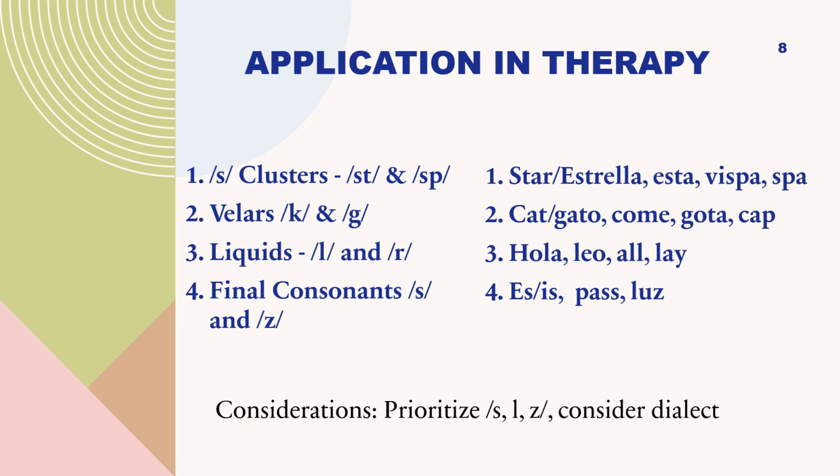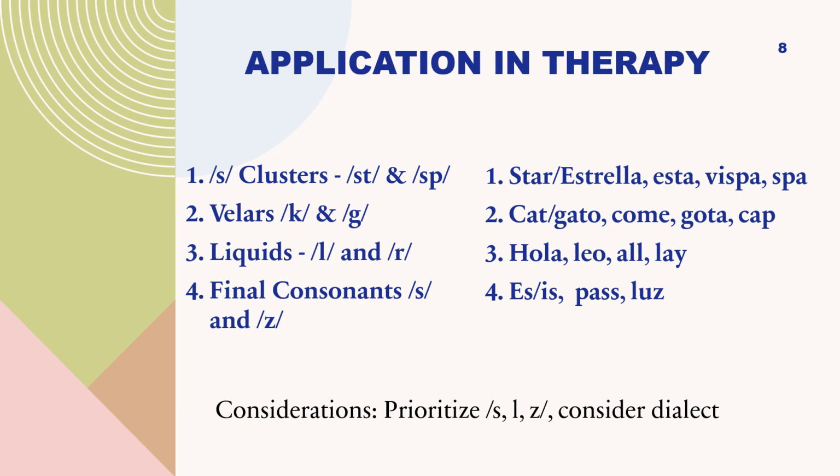But one consideration of this is that you want to consider their dialect. So we talked about this a little bit in class, but especially with S's and S clusters, a lot of people might omit that S. So personally for me, when I say estrella, I say 'etrella', I say 'tá', and I omit that S. But if I were to hear a child that were omitting all of their final S's or their plural S's, that doesn't mean that they don't have that grammatical concept of possession or plurals.